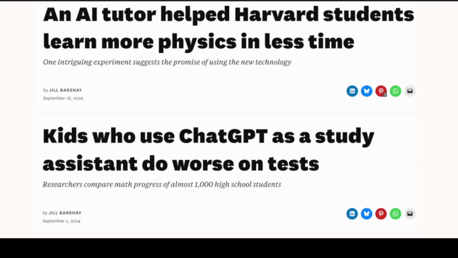Now, the opposite is this study below. This was kids in a math class. They used an AI tool to help on their practice work. And what ended up happening was the group who used the AI tutor did about 17% worse on the exams. The reasoning for this is that they believe the students became overly reliant on the AI during practice.